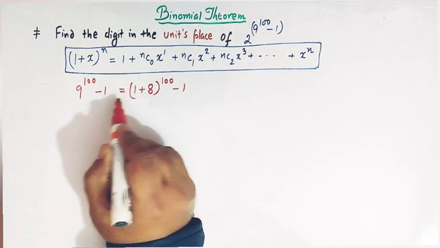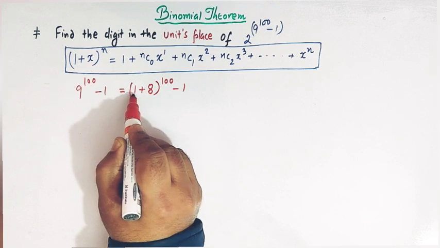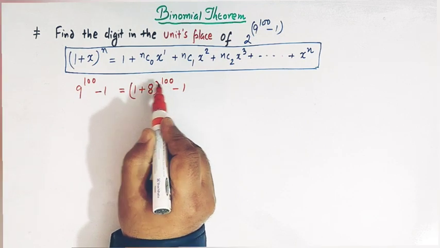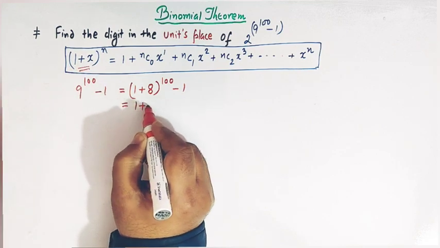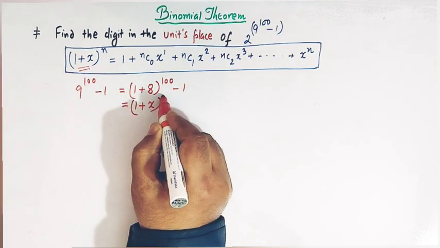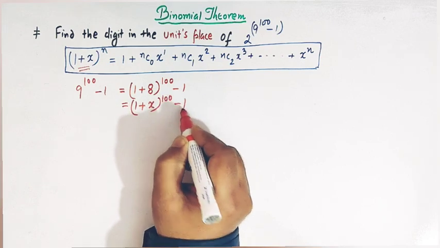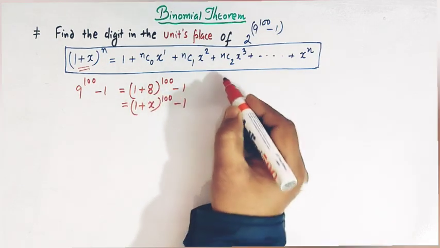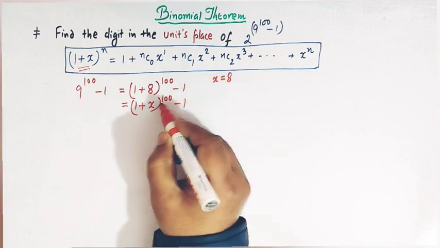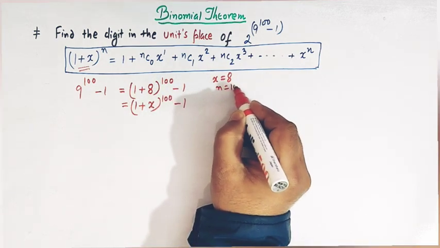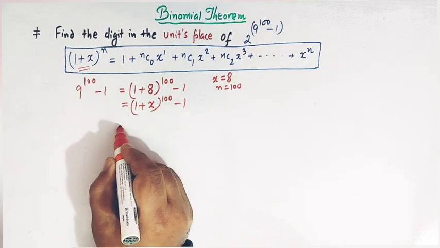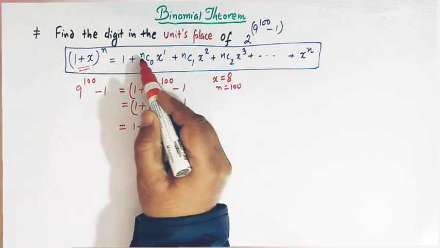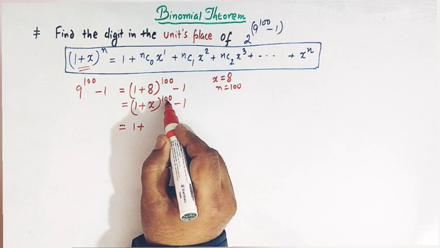This expression (1 + 8)^100 is similar to (1 + x)^n, where x is 8 and n is 100.